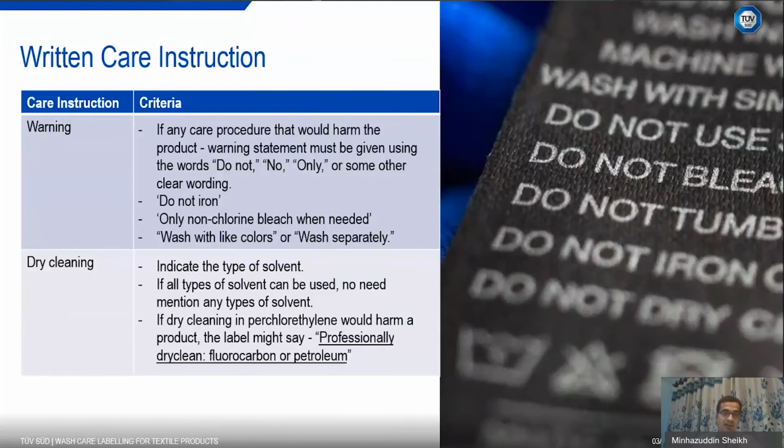Please note, the term professional dry clean is not sufficient to be indicated on the care label, as professional dry clean means it is as good as dry clean. But if you specify professional dry clean, then you have to specify the specific conditions for the professional dry clean, like specific solvent, let's say fluorocarbon or petroleum, or reduced moisture or short cycle. So this kind of condition needs to be indicated on the professional dry clean instruction.